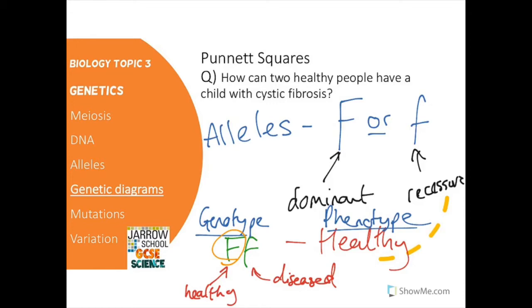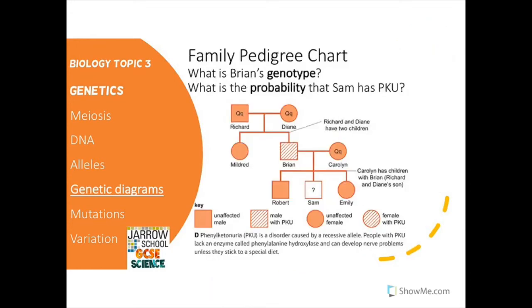So genotypes are what genes you have, phenotypes are what physical features you have, and dominant genes overpower recessive genes. So to have a recessive disease, you need 2 copies of that recessive disease allele.